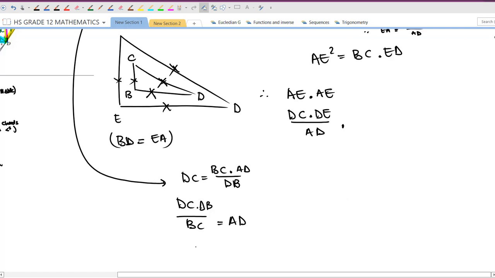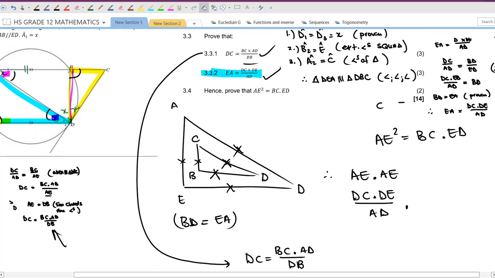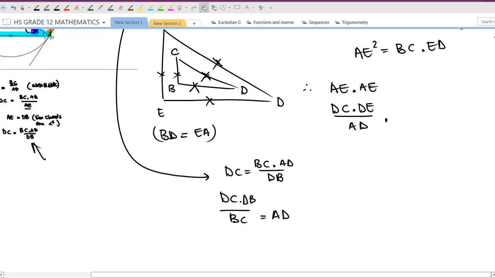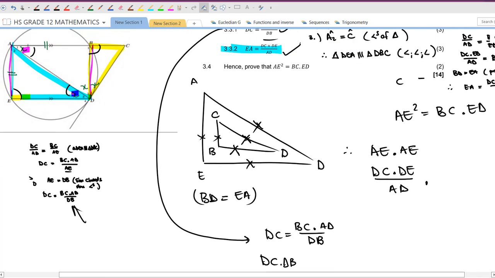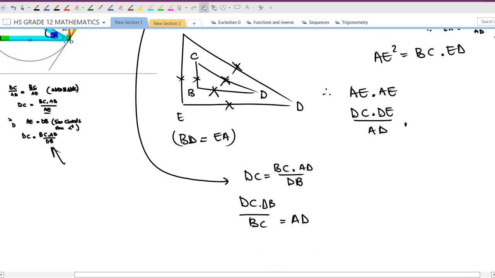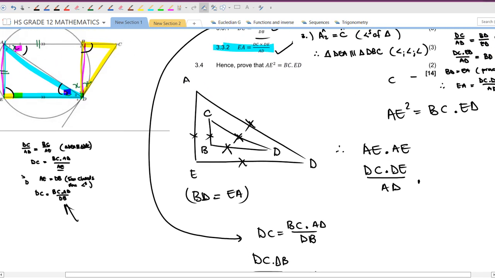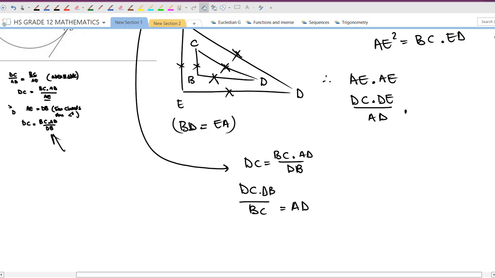I don't want to make AD the subject of the equation. I want AE the subject of the equation. I don't have an AE there. What is the same as AE? Well, AD is not the same as AE, but BD is the same. So I should have made DB the subject of the equation. So let's just fix that.